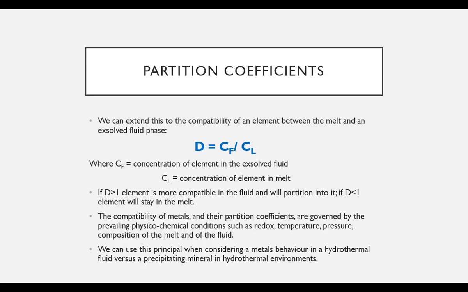And if it's less than 1, it'll stay in the melt. So it's a way of just quantifying how things behave, and it's largely based off experimental work to decide how that number comes up and what it means in terms of the system of interest. But the key part is that generally metals like to be in the fluid, less likely to be in the melt or the solid residue.